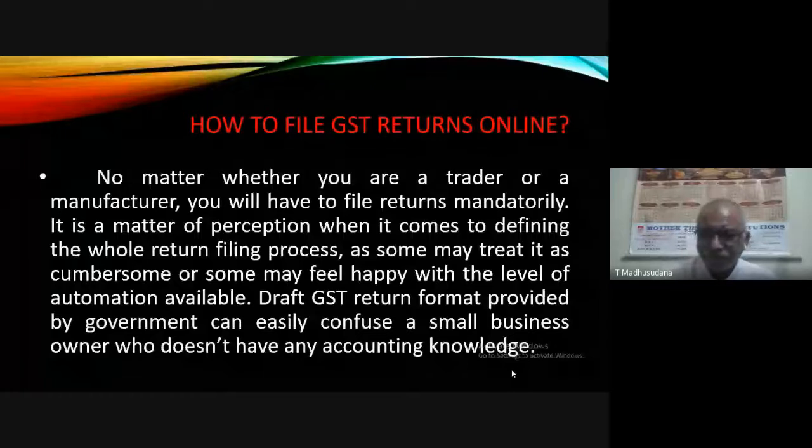Anyhow, everybody has to file their returns through the website called GSTN, the GST Network. This is the GST website where all forms are made available, and you have to fill in online and submit.